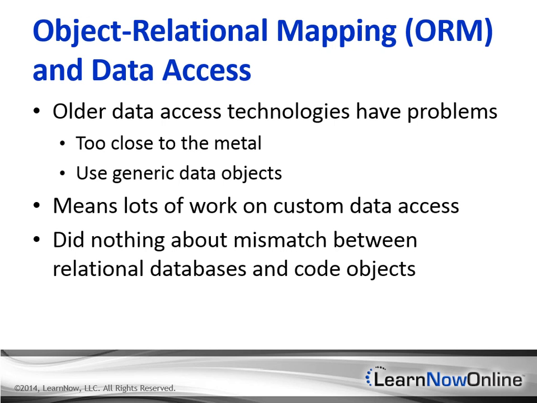A large part of the problem with the older data access technologies is that they did nothing to overcome the mismatch between relational database code and object behaviors in a true object-oriented application. SQL in a relational database is set-based and procedural, while objects have properties and behaviors and raise and respond to events.